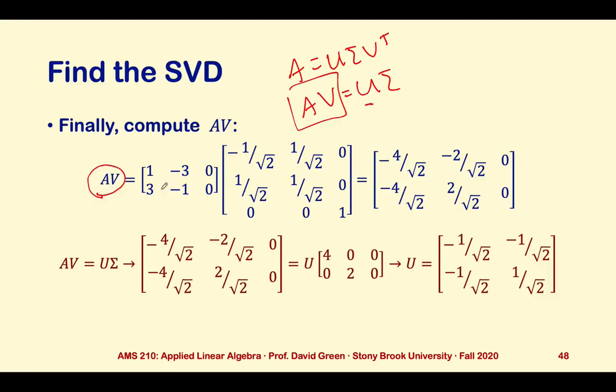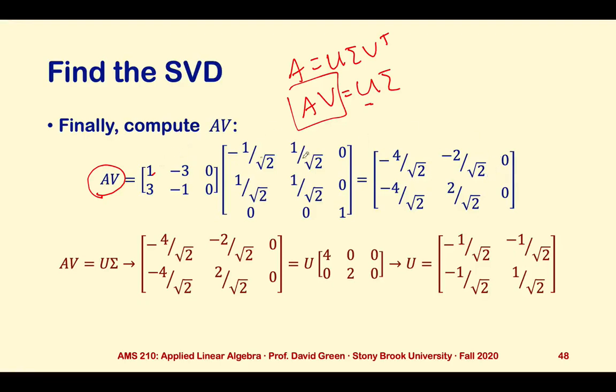Compute A times V. A is 1, negative 3, 0, 3, negative 1, 0. V, as we constructed it, just go through and do the multiplication. Negative 1 over root 2 minus 3 over root 2 is negative 4 over root 2. 1 over root 2 minus 3 over root 2 is negative 2 over root 2.